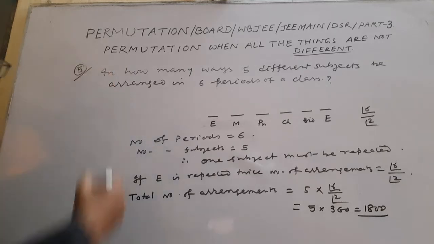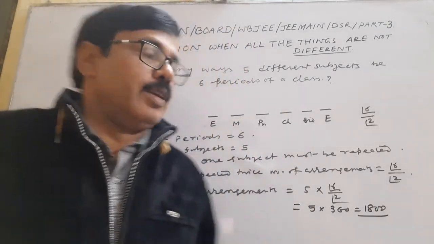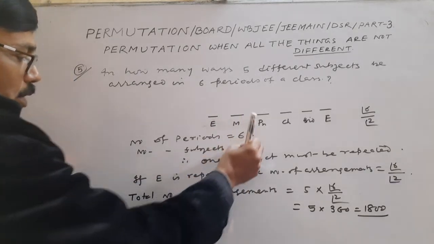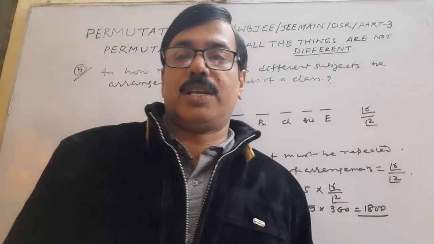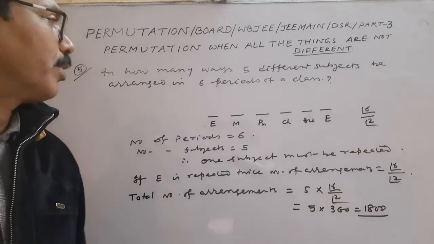So this is a most important problem also. 5 subjects, 6 periods, so one subject must be repeated. That is why we are getting factorial 6 by factorial 2.